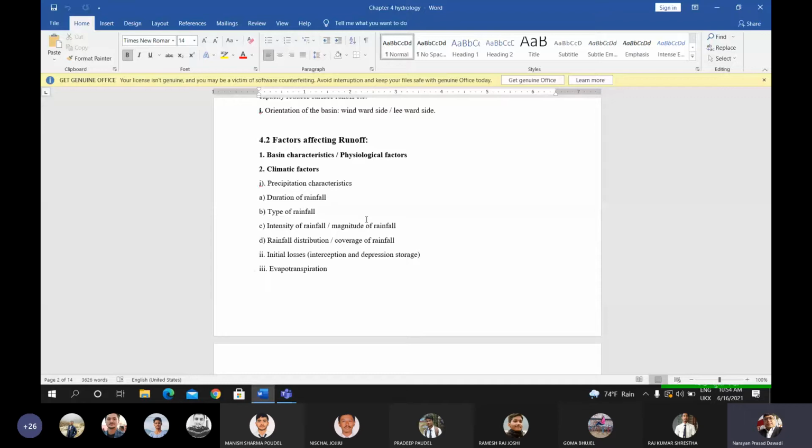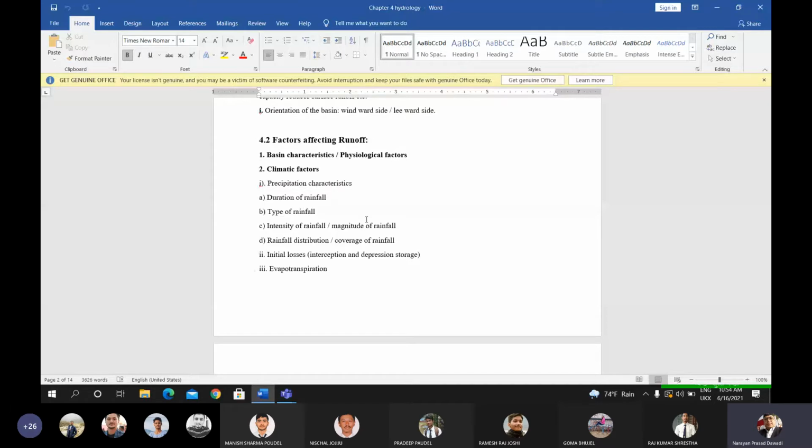Drizzle is in the form of smaller rain droplets, less than 0.5 mm. If there is heavy rainfall, then it will provide a sufficient amount of surface runoff, more than moderate and less rainfall.